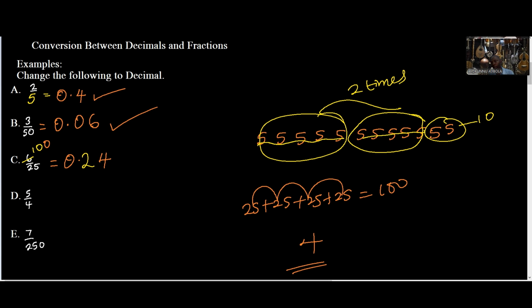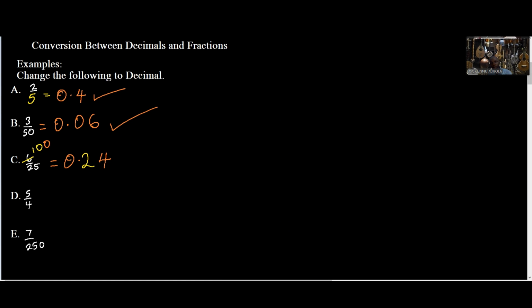Now let me explain that all over so that you can get what I'm trying to explain. The fraction that we have is 6 over 25, right? 25 cannot go in 6. We'll put 0. When we put a 0 here, making 60, how many times can 25 go in 60?